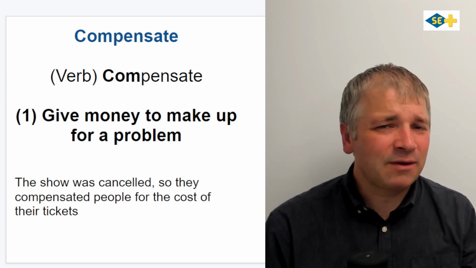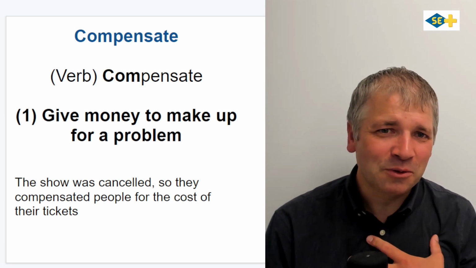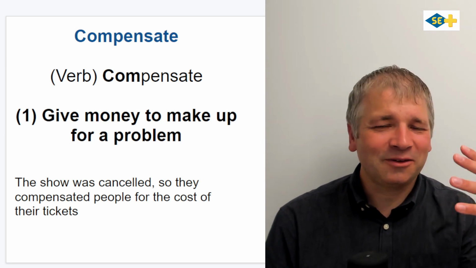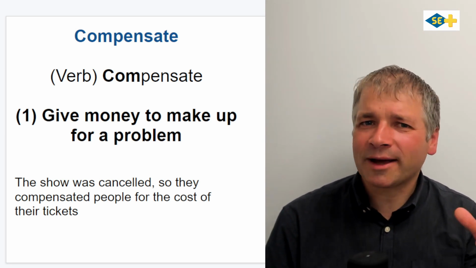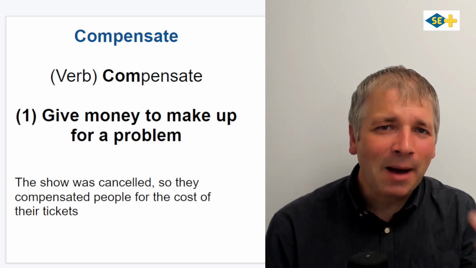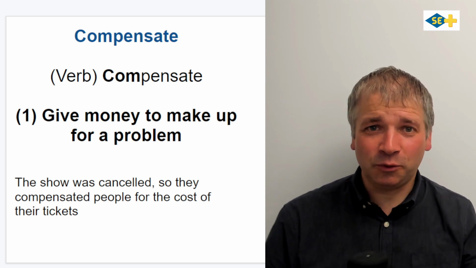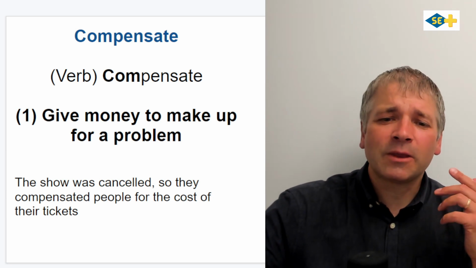They may also give you compensation for the time taken out for you to go and visit them and chase up the problem with the product. Any reason at all why a company has let you down might mean that they give you money back to make up for your difficulty, and that's all called compensation, and the verb is compensate.